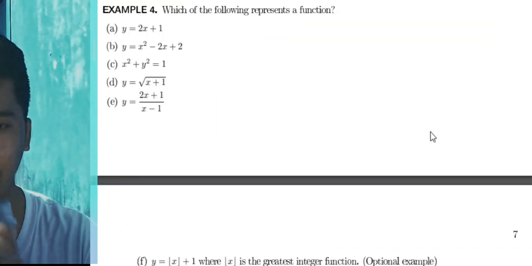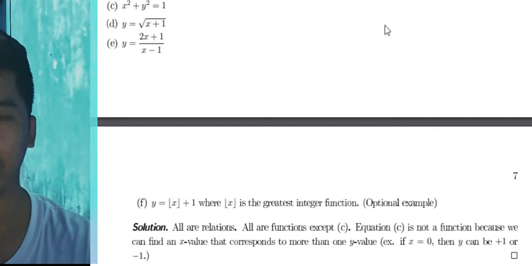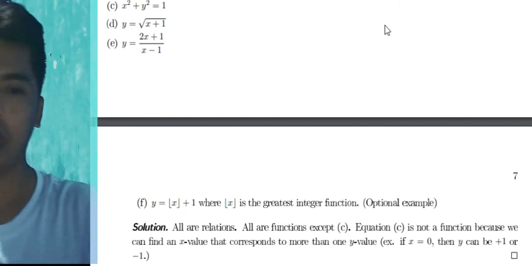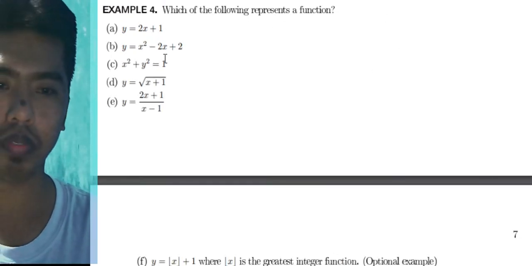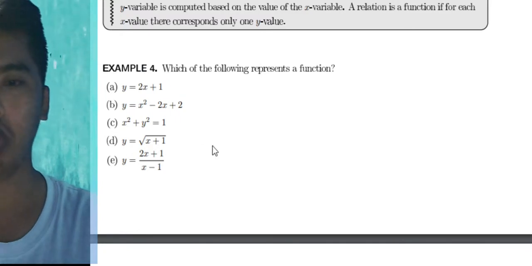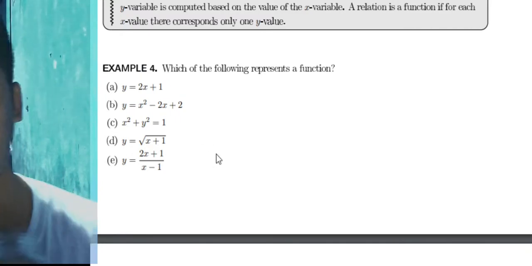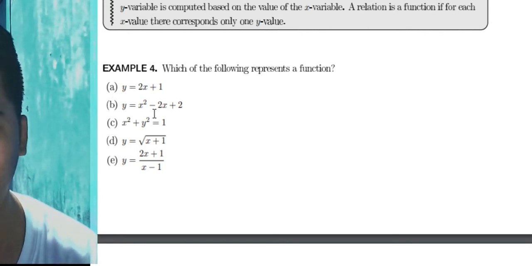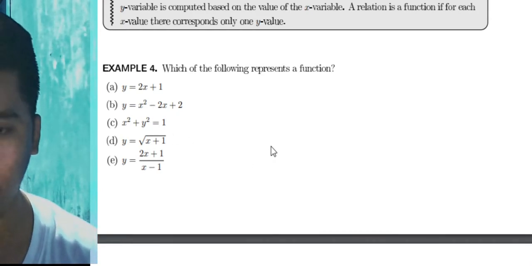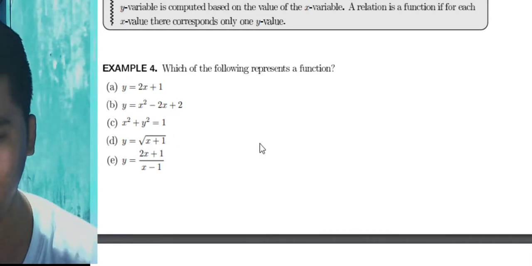All right, so let's proceed to the next example. Example number 4. Which of the following represent a function? So we have A up to F here. A: y equals 2x plus 1. Letter B: y equals x squared minus 2x plus 2.